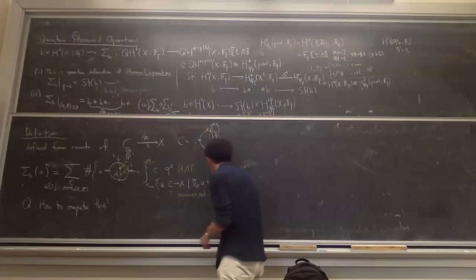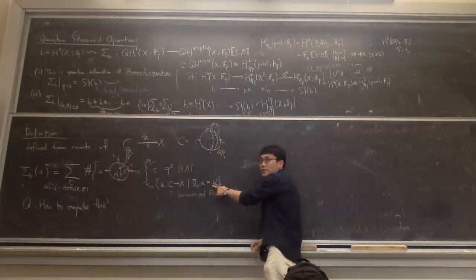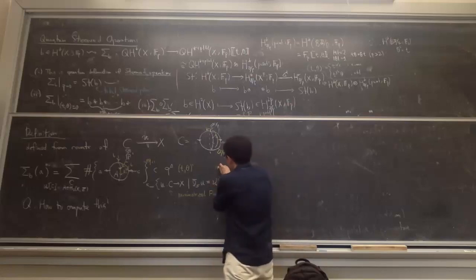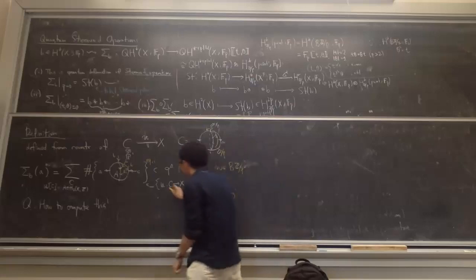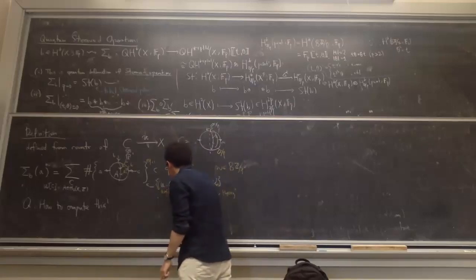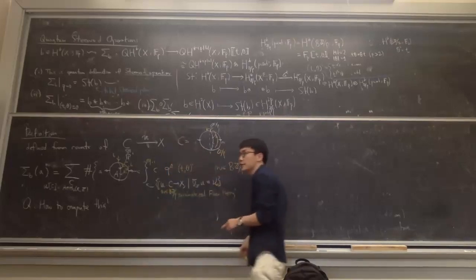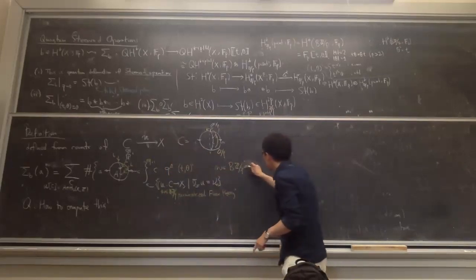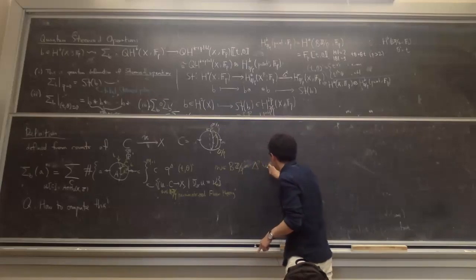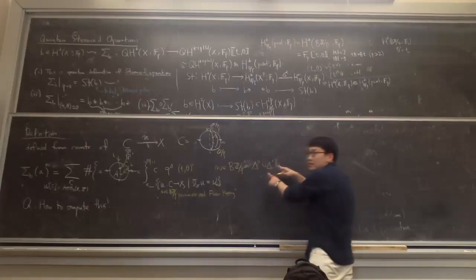So instead, what I do is I let my perturbation data be parametrized over BZ mod P. So now I count pairs of my curve with some chosen parameter here. And this is a union of one cell in each dimension.